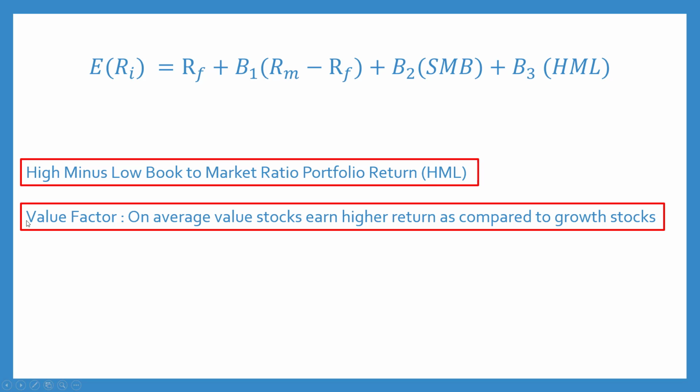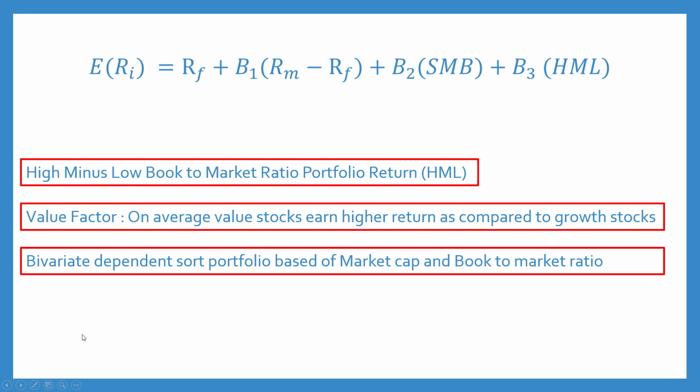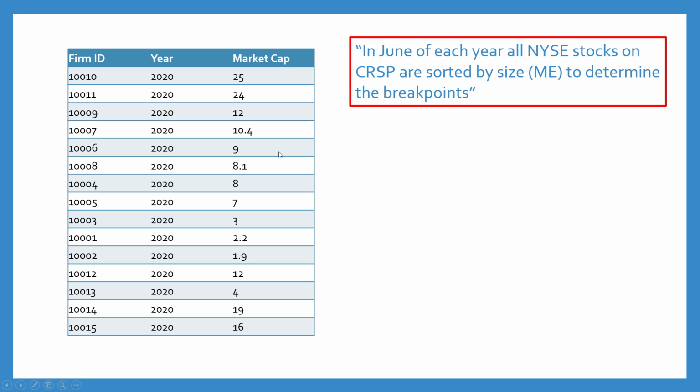This is what we call the value factor, and on average it has been seen that value stocks, which are the high book to market stocks, earn a higher return compared to growth stocks, which are the low book to market stocks. Now, what Fama and French do is they create a bivariate dependent sort based on market cap for size, and book to market for the value factor. And we are going to look into how we construct these portfolios.